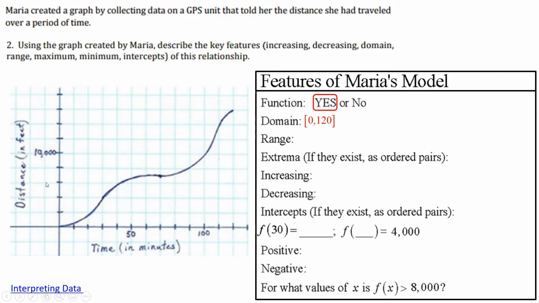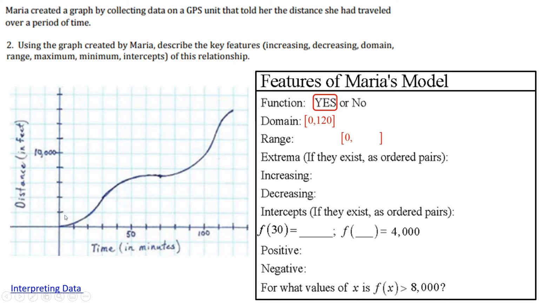Now the range. Those are all my y values. Well, my lowest y value here would be a 0. And y can equal 0. That's why we did a bracket. What is my highest y value? It's way up there. So what is that value right there? Well, let's see what we're scaled by. Is that 20, 40, 60, 80, 100,000?